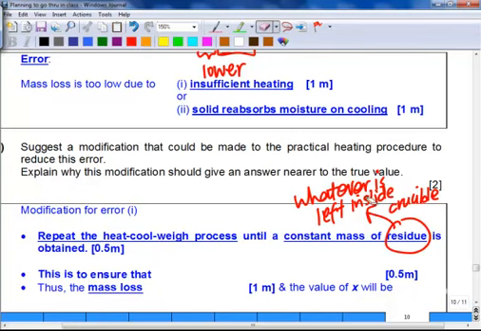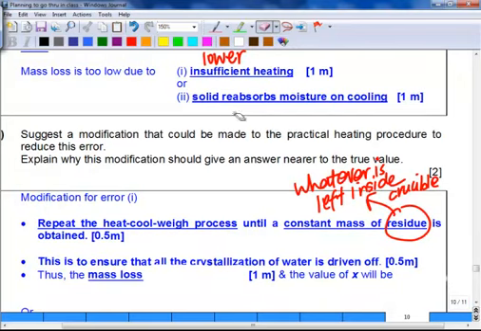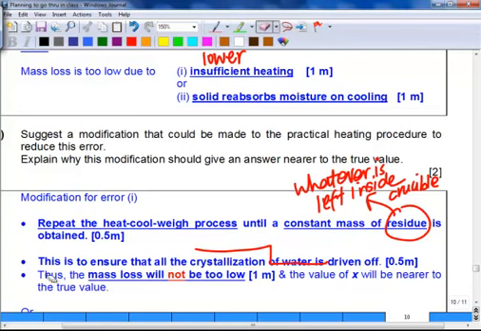Take note of your residue. You are talking about constant mass of the residue. And of course, this is to ensure that the water of crystallization is completely driven off, and this will ensure that the mass loss will not be too low, and hence the value of X will be nearer to the true value.